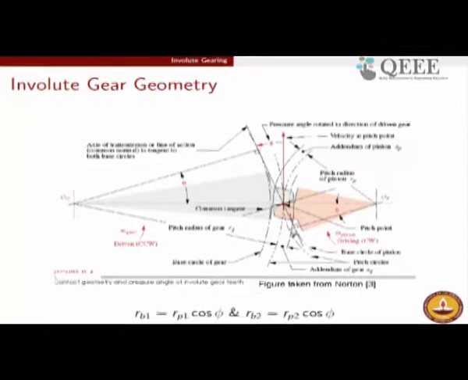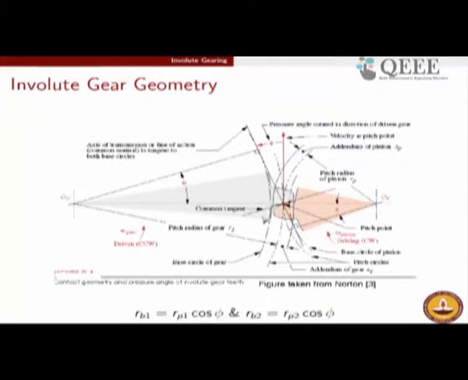The angle of this common normal of the two involute gear teeth with reference to the common tangent is called the pressure angle. So the pressure angle is the angle between the common normal of the gear teeth and the common tangent of the two pitch circles. But the common normal, as we have seen, is also the internal common tangent of the two base circles.